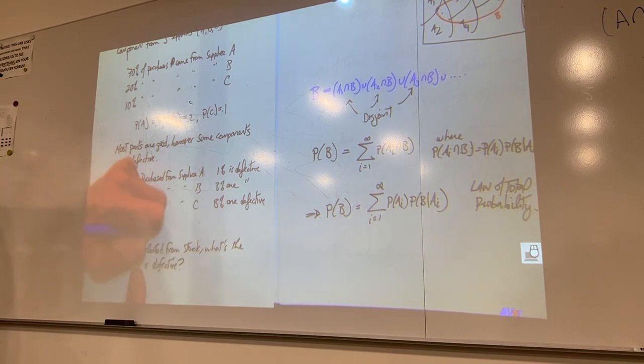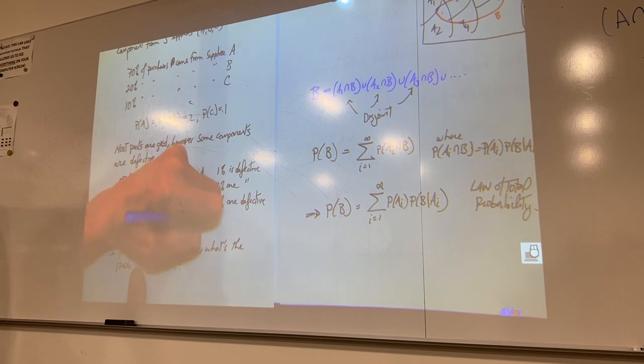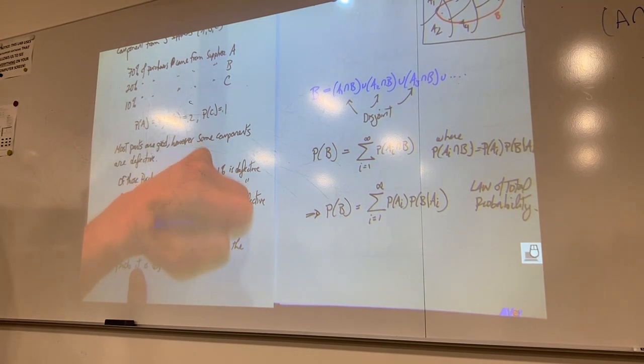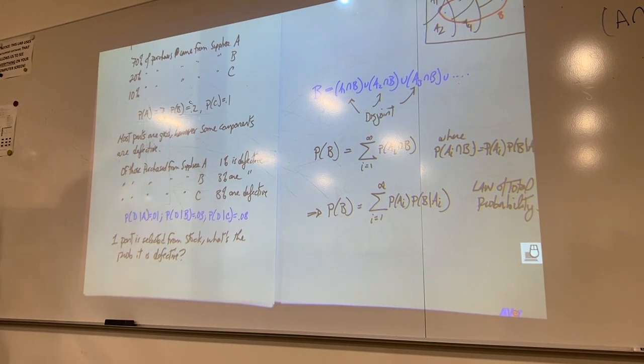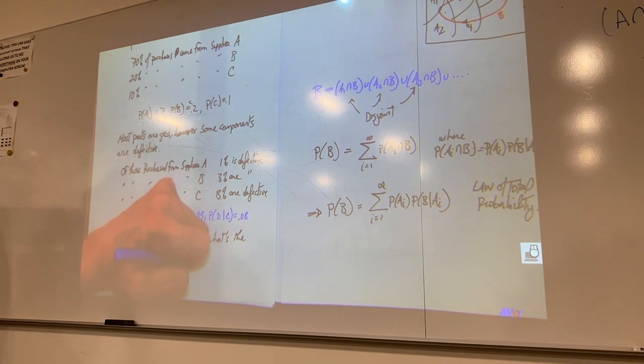If a part comes from supplier B, the probability it's defective is 0.03. If it comes from supplier C, the probability it's defective is, what did I say, 0.08, right? And in my question here, we need to find the probability of D.